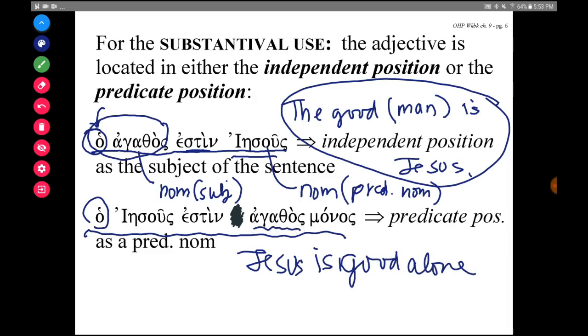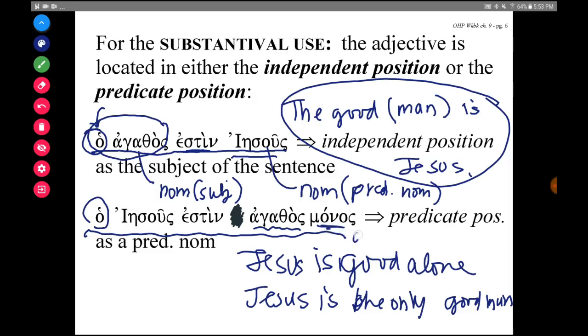It might be that agathos here is being used as a predicate adjective. But if it is being used substantively, this could be a possibility. It could also be translated as Jesus is the only good man, where monos can be translated as alone or only.